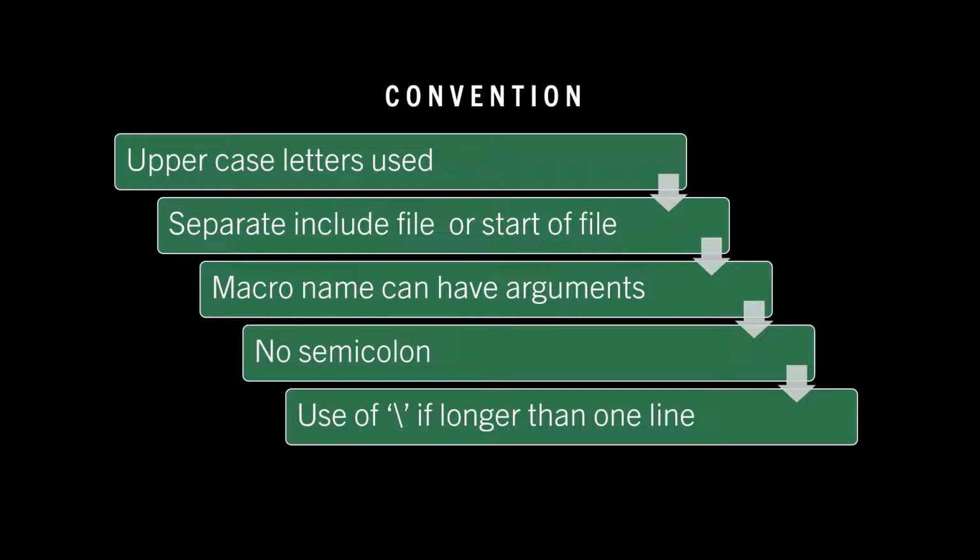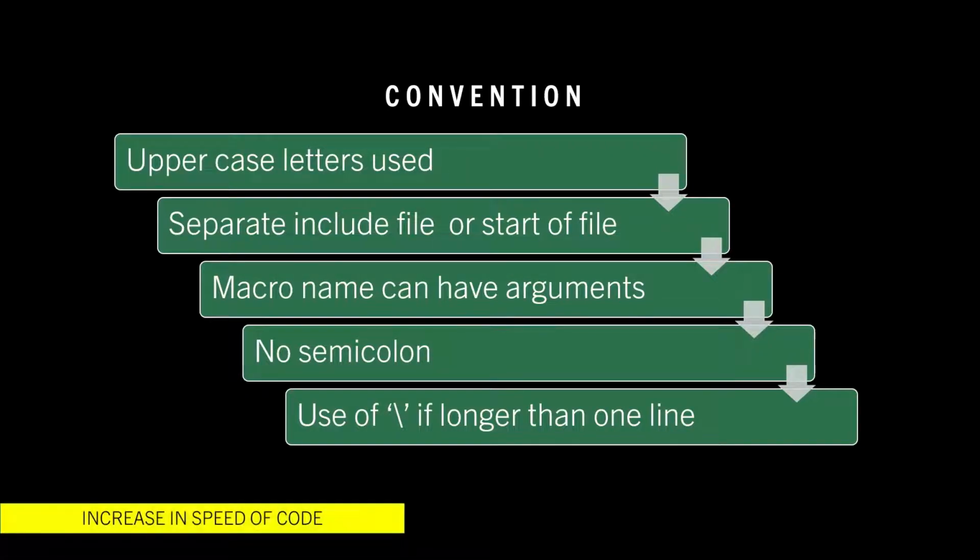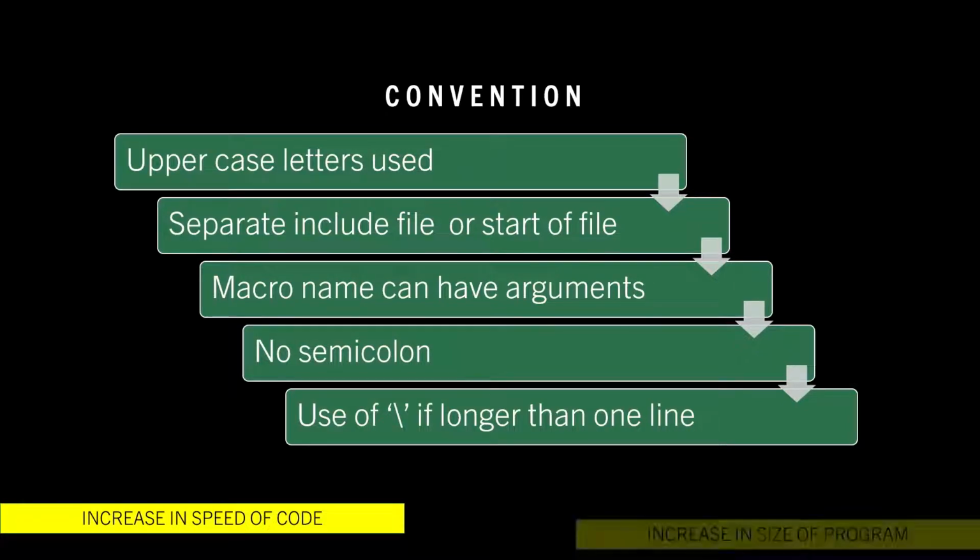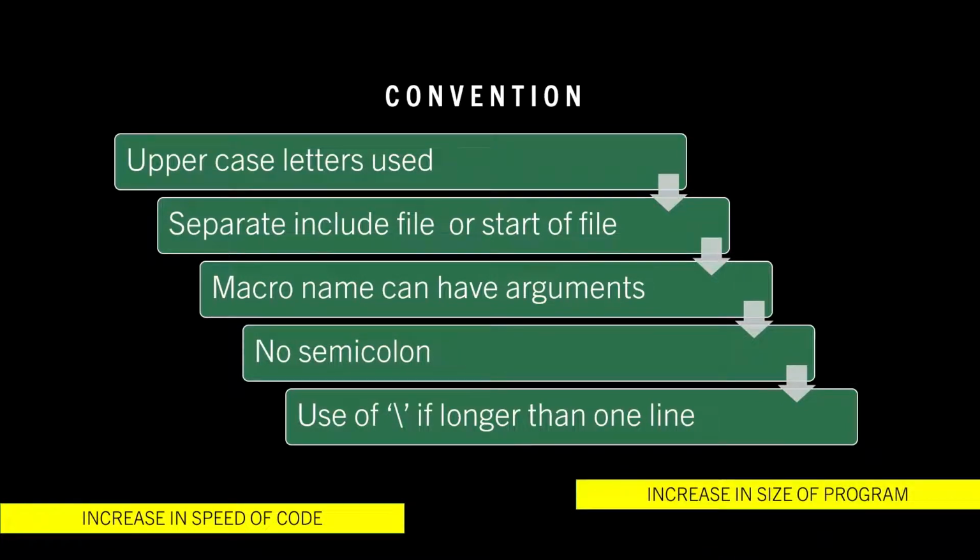Use of a backslash if longer than one line. Important to remember that when we use macros to replace functions, there is an advantage in terms of increase of speed of execution of our code, because remember, we are not executing function calls, but at the same time, there's a downside, which is increase in the size of our program itself, as we will see again shortly.